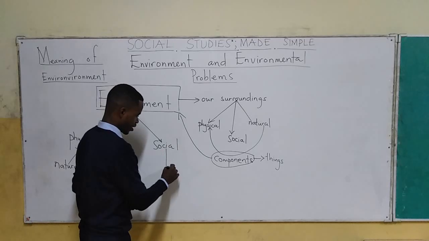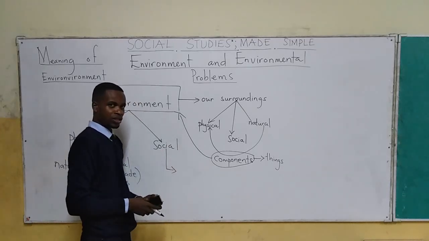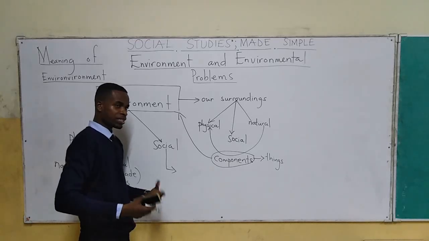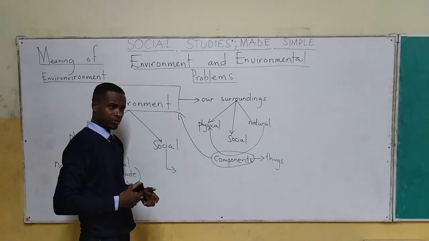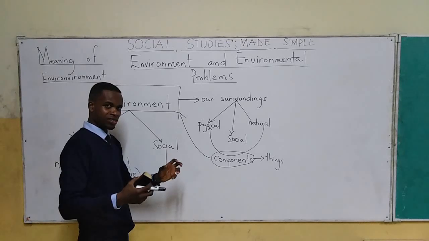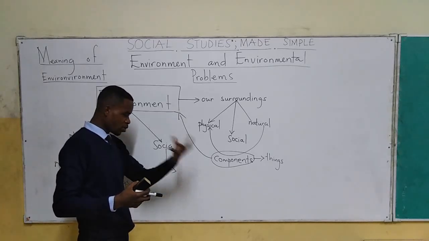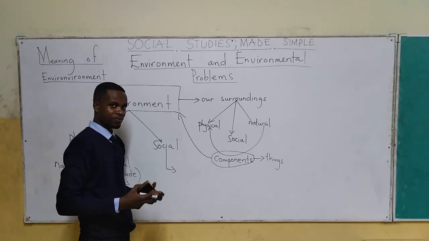The social environment. This includes things that are intangible and they are common or they exist between mankind. We don't normally see them, touch them, or feel them, but we only exhibit them.